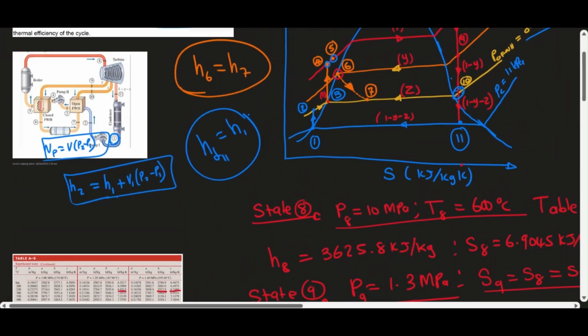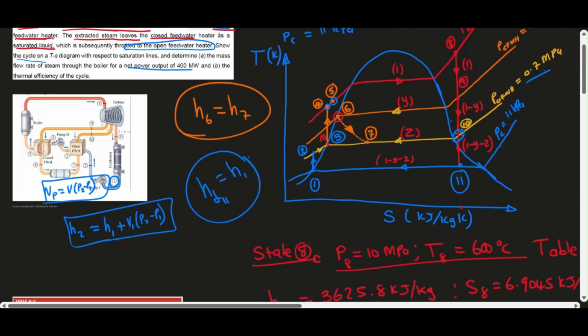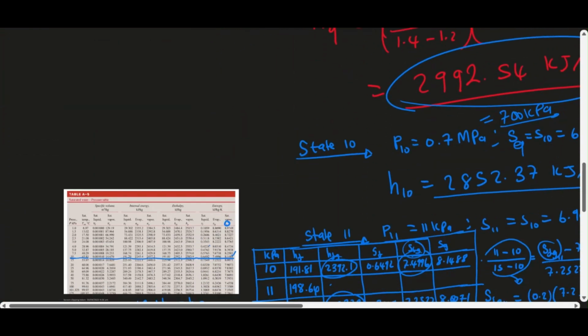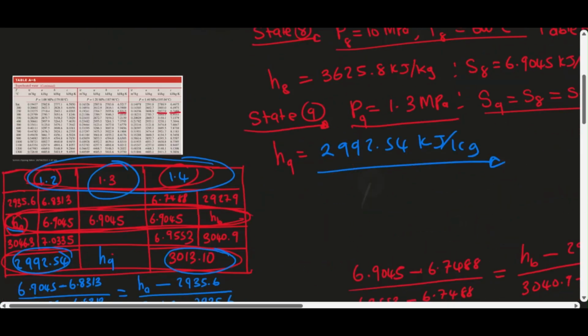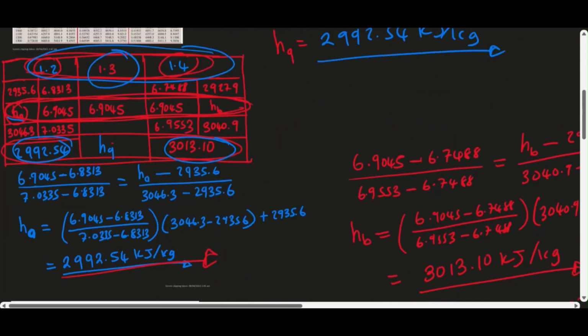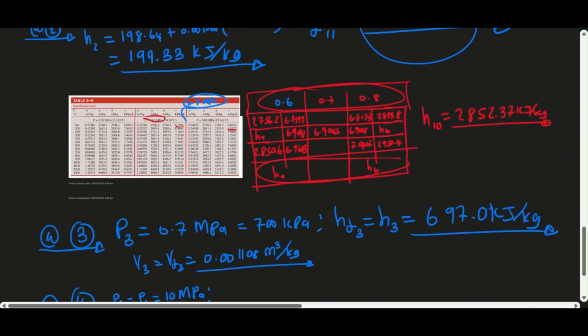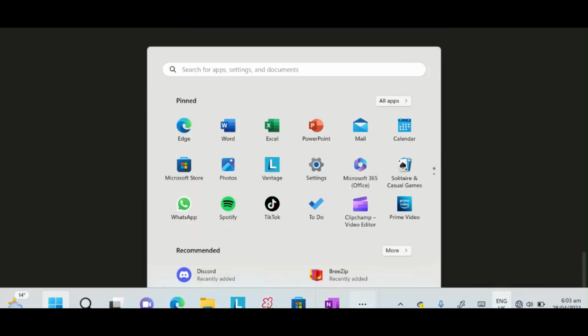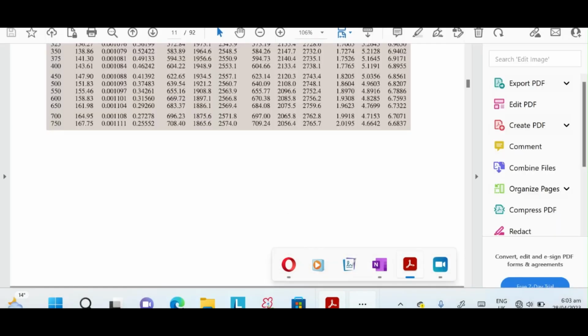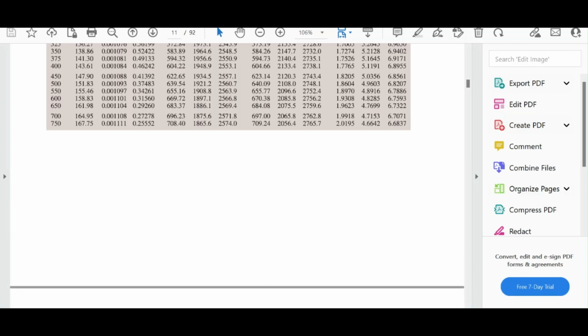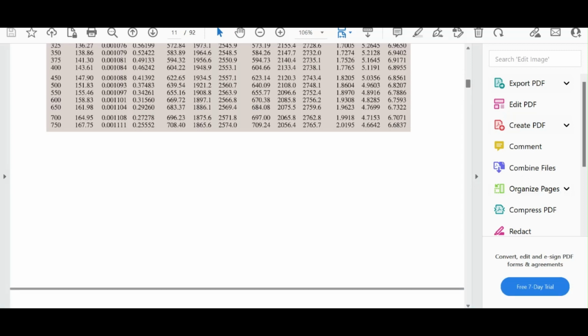So at 1.3 megapascal, we need to get that one, 1300.